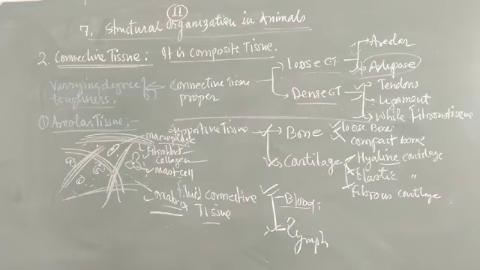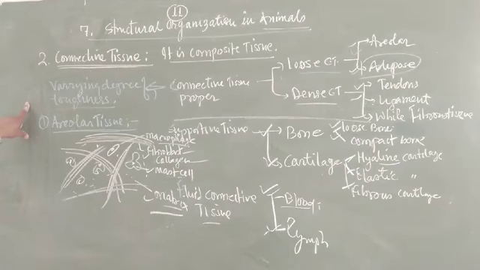Now this one is connective tissue proper, especially areolar tissue. Areolar tissue has a homogeneous, transparent, semi-fluid and gelatinous matrix. It contains a mixture of glycoprotein, mucin, and chondroitin sulfate.